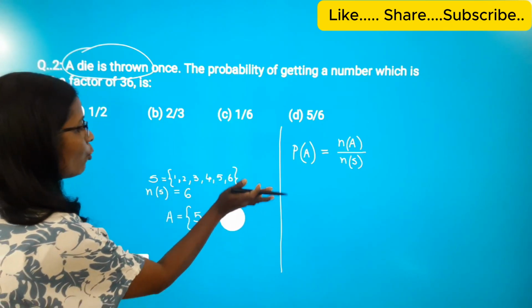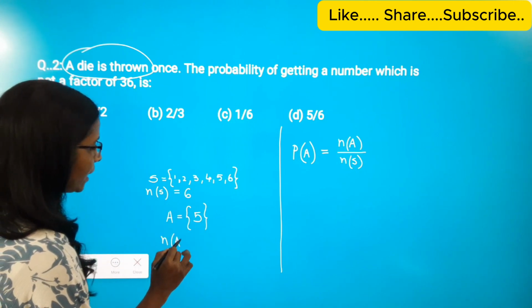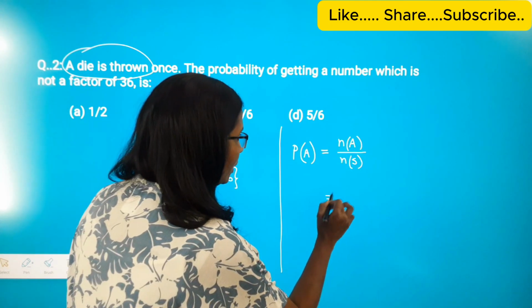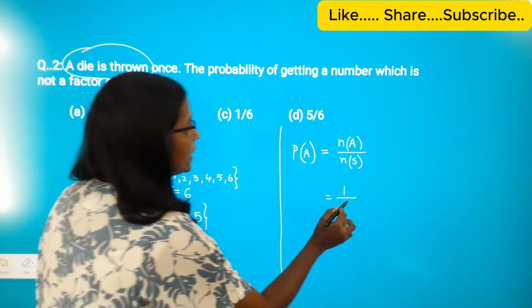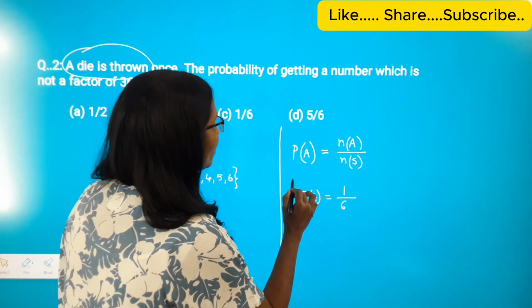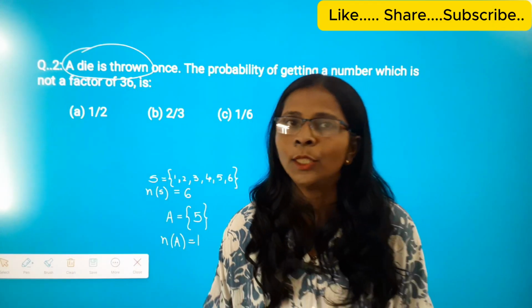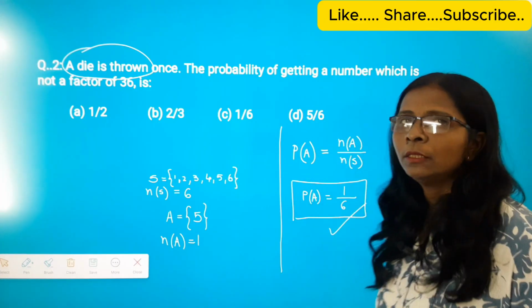So here is only a singleton set. So n of A is equal to 1. So here students, we substitute the values, 1 upon 6. So the probability of getting a number which is not a factor of 36 is equal to 1 upon 6, students.